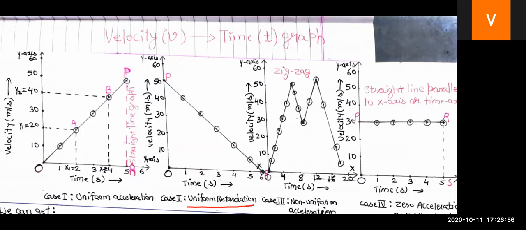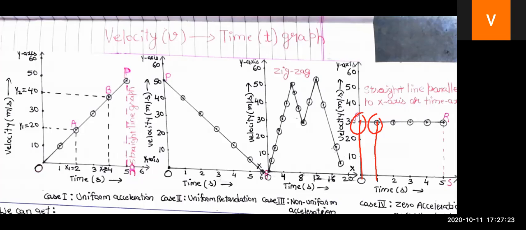Right, children? Next, non-uniform acceleration. This can be any zigzag path you can draw, where at this time it might be increasing, decreasing, up, down, right? So it is a zigzag path. Last, here we will see that at time t equals 0, your Activa is moving at 30 meter per second, or an insect is moving at 30 meter per second. Then at time t equals 1 second, again the insect was moving with the same velocity.